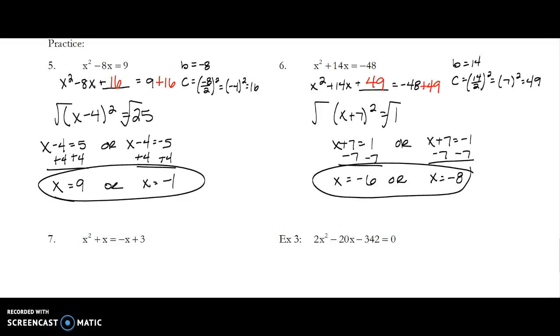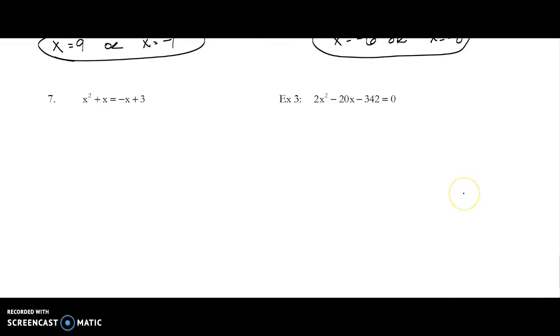Actually, let's do number 7 and example 3 together. So for number 7, if you notice that we have x squared plus x on the left and a negative x on the right plus 3. So let's move our x's so they're together. So we would have x squared plus now 2x plus our c value equals 3.